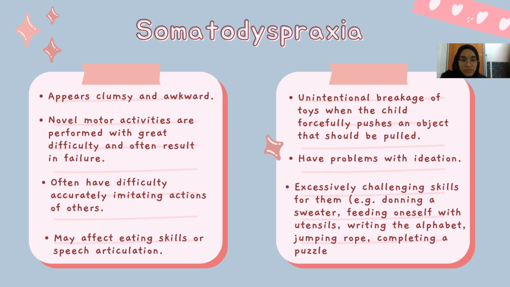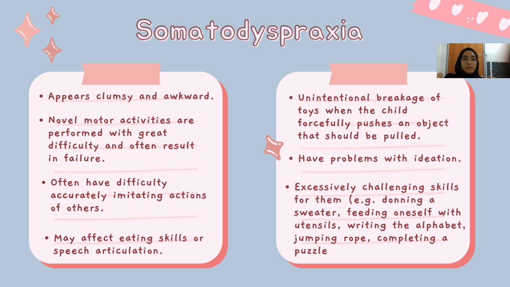They also have difficulty accurately imitating actions of others, and unintentional breakage of toys, for example, when the child forcefully pushes an object that should be pulled. Skills like self-help and dressing, they find excessively challenging.